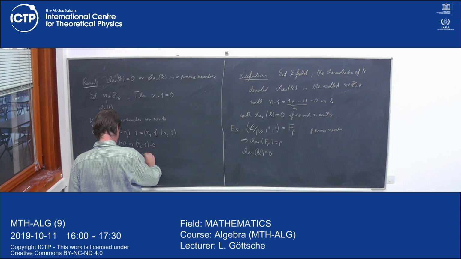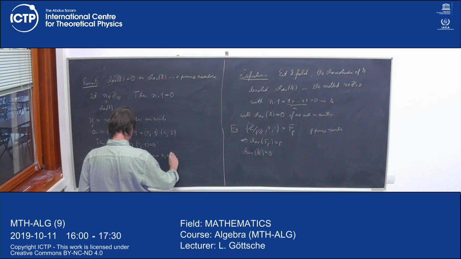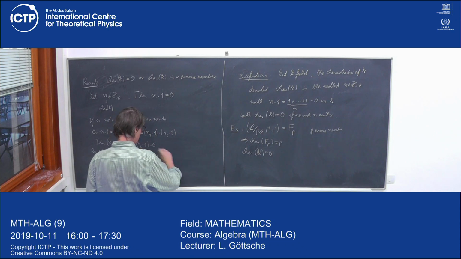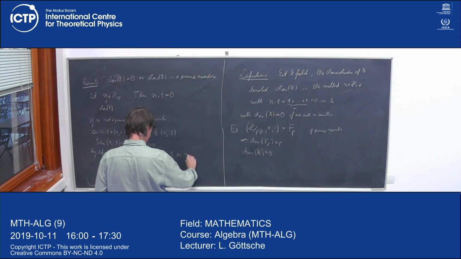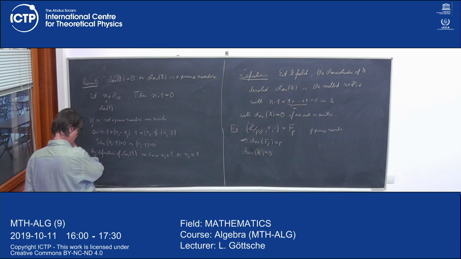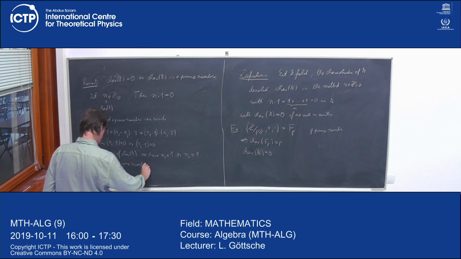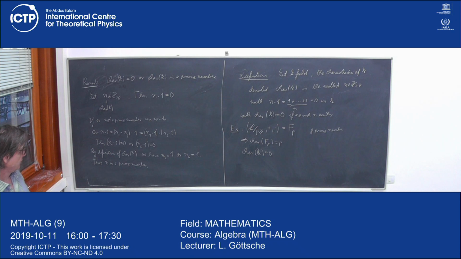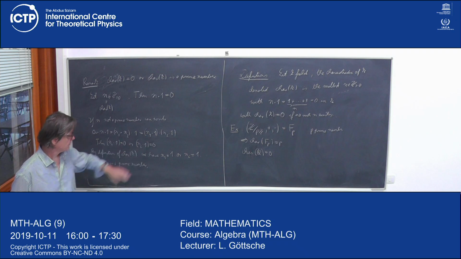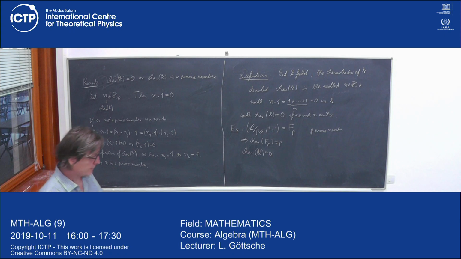If we have n1 equal to 1, or n2 equal to 1, and thus n is prime. Okay, so this is just the distributive law, and so we have this simple fact. So the characteristic is always prime.